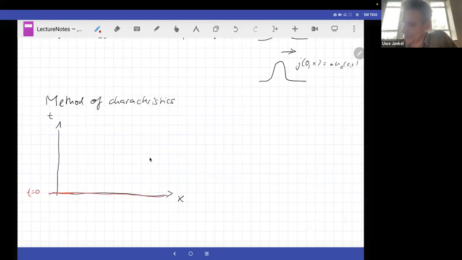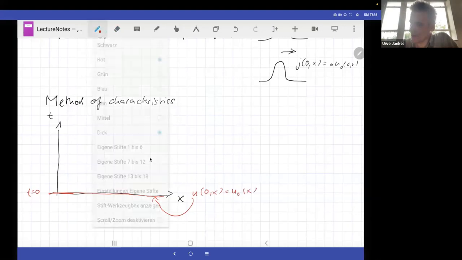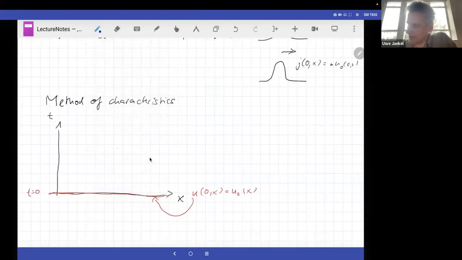We know the concentration will be u0 of x, so this will be a function defined on this red curve. Here at time 0 we know the solution, and what we want to know is the solution at a later time, at a later position. We want to know what the concentration is here.